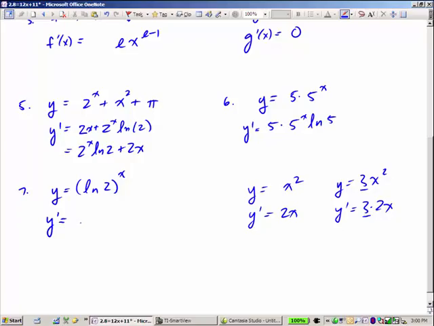You're right. ln of 2 to the x times the ln of b. You can do that. You certainly can. There's no way really to simplify the natural log of the natural log of 2.